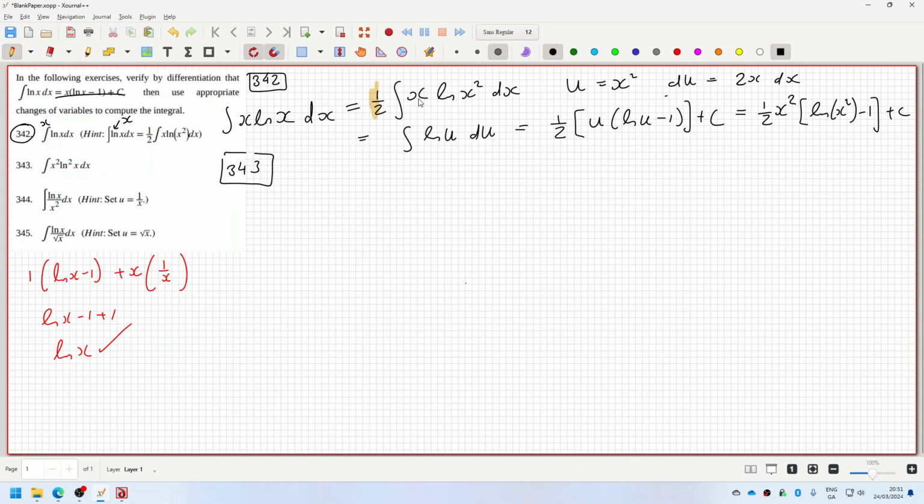So what I could do is put a 2 here and change that to a 4. So that's 1 over 4 log u. And so that should have said 1 over 4. And that should say 1 over 4.